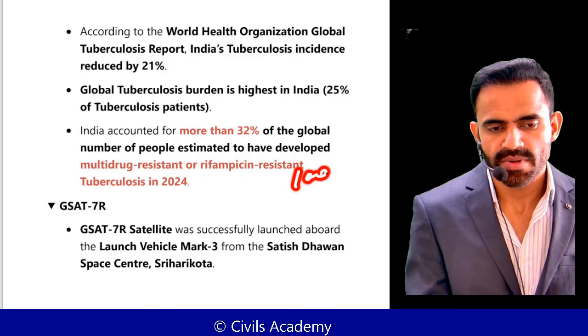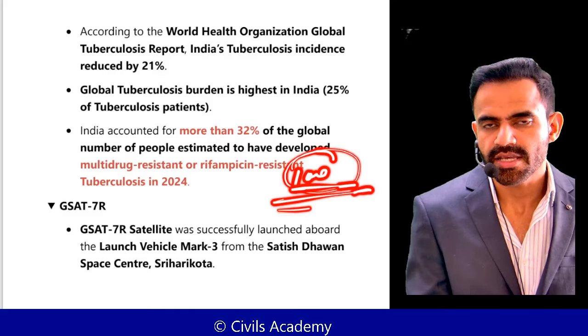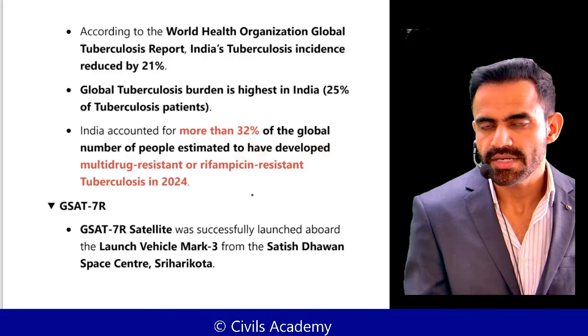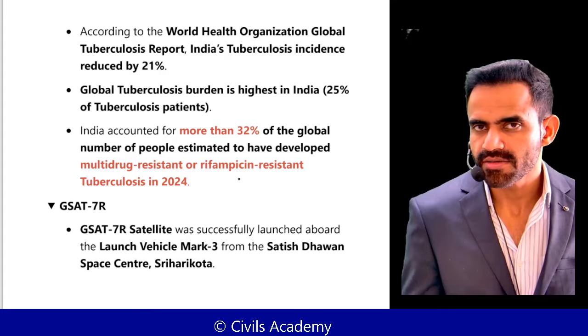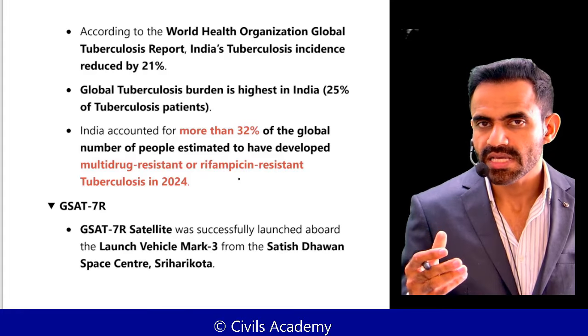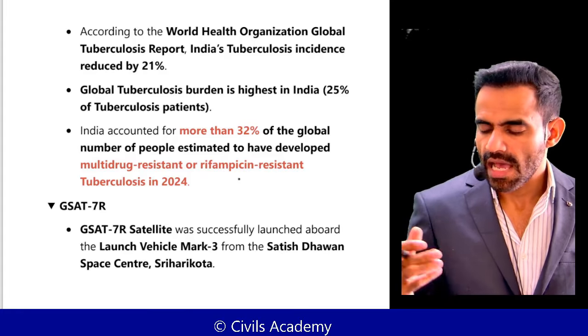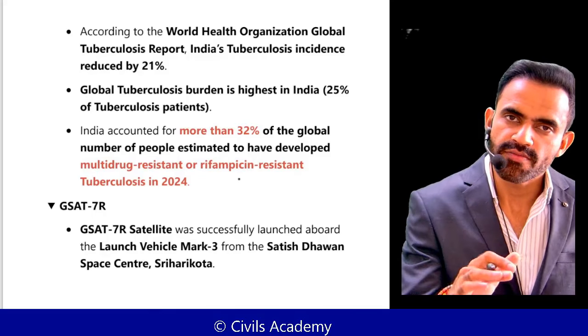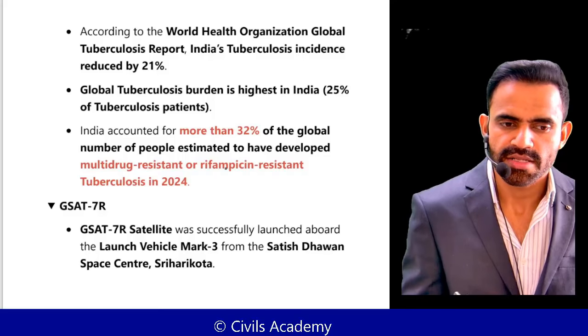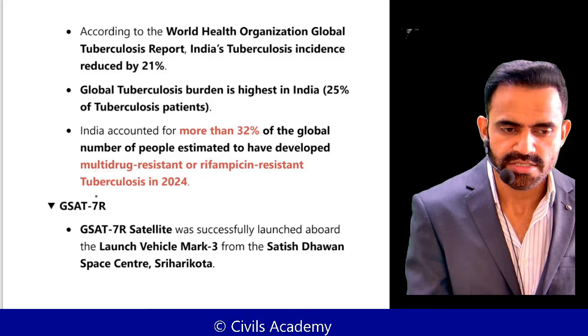Let's say globally there are 100 multi-drug resistant cases. Out of that, 32 are in India. What is multi-drug resistant? We have discussed the concept of antimicrobial resistance. That means the microbes are resistant to the medicine. Now we have tried another medicine; they are resistant to this as well. We have tried another one; they are resistant to this. That's what is multi-drug resistant.